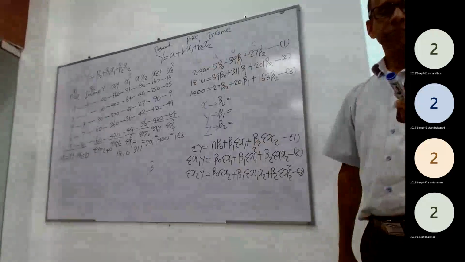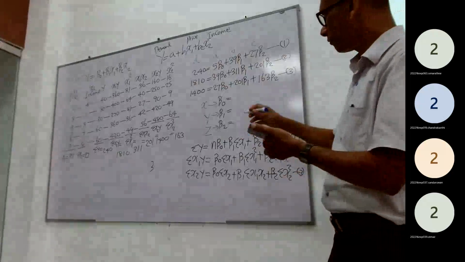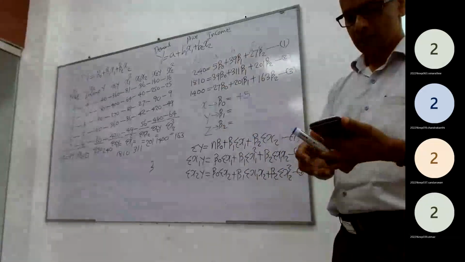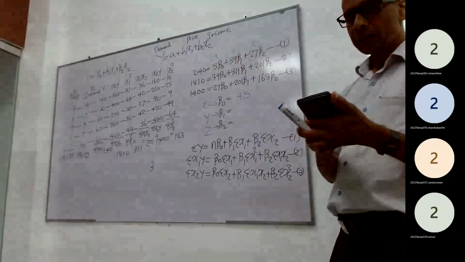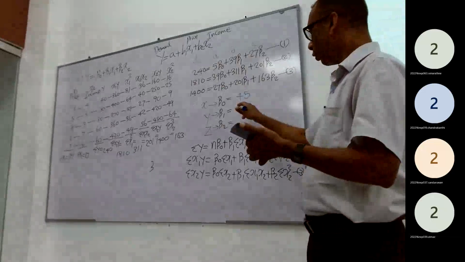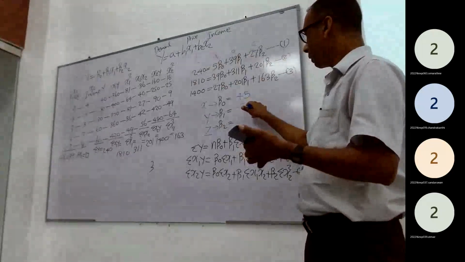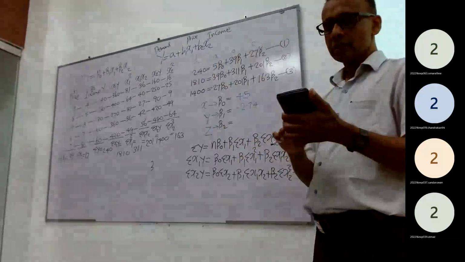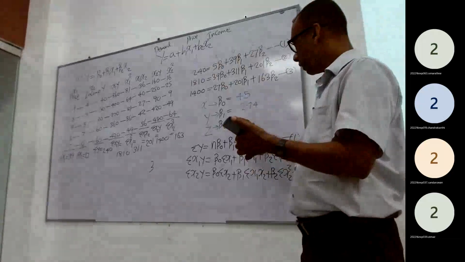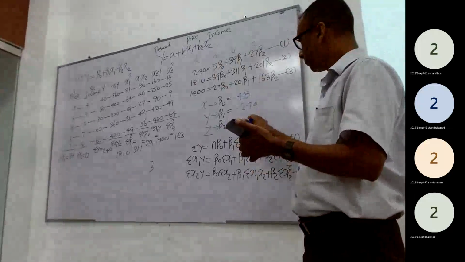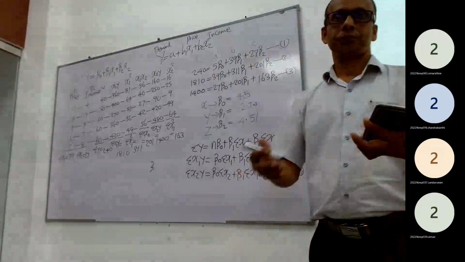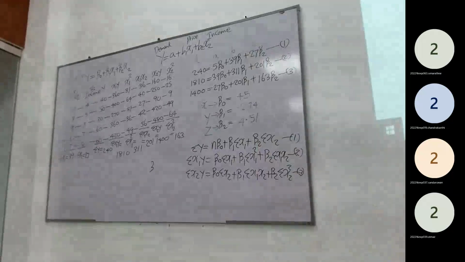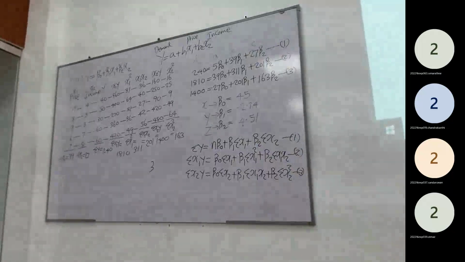Then the equal sign: the calculator provides the answer 45 as X. That is my beta 0. Then the equal sign provides minus 2.74. Again the equal sign gives 4.51. X, Y, Z. Any problem with your calculator, please inform me.